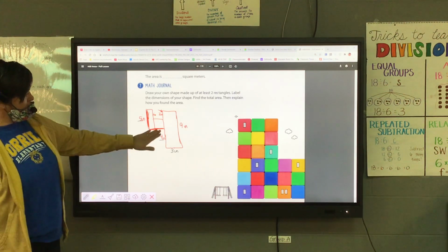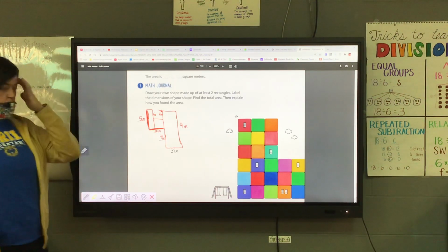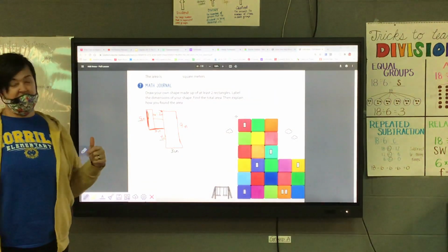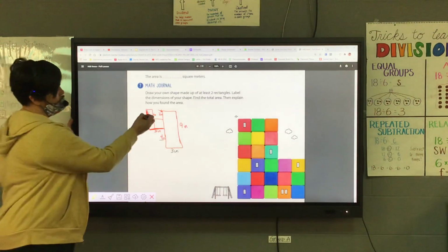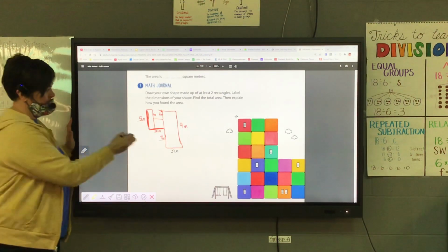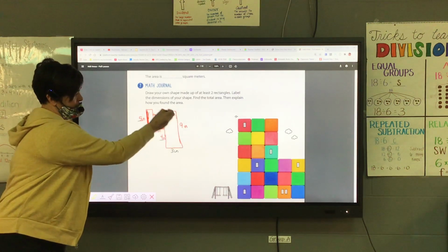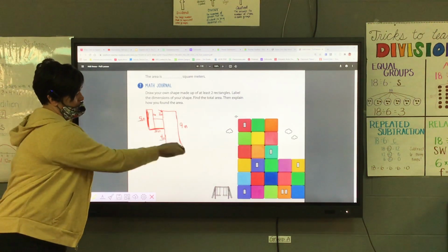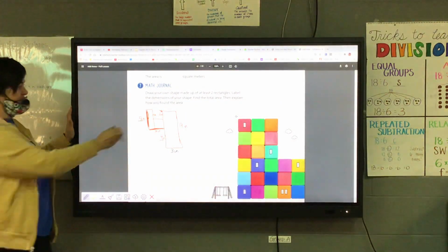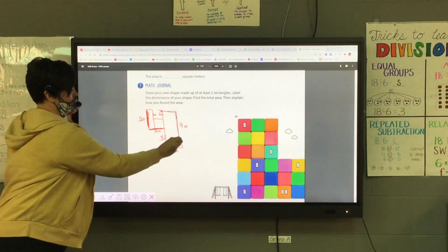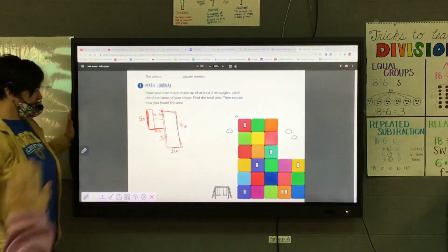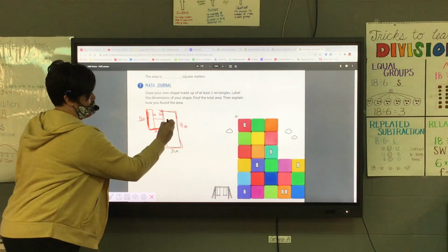All right. So now when I go to figure out, maybe we should have just done 2. This is tricky. So when I go to solve for each of these rectangles, what would I say for this rectangle? What would my multiplication equation be for this one? Lucas? 9 times 3. Right, 9 times 3.